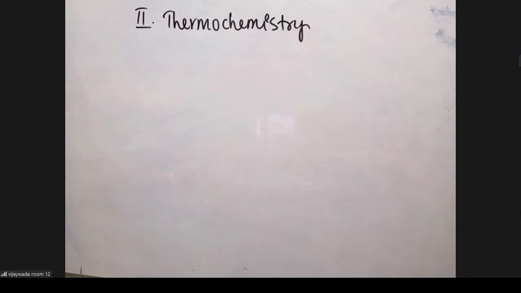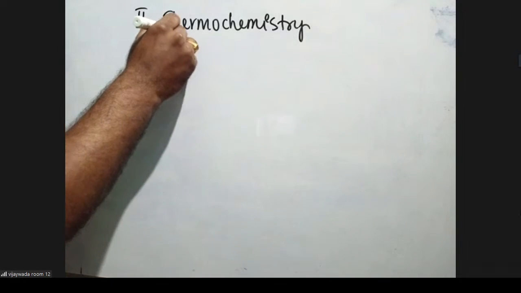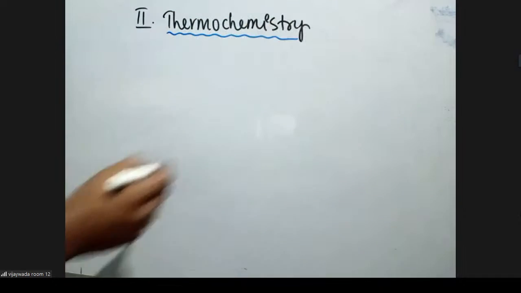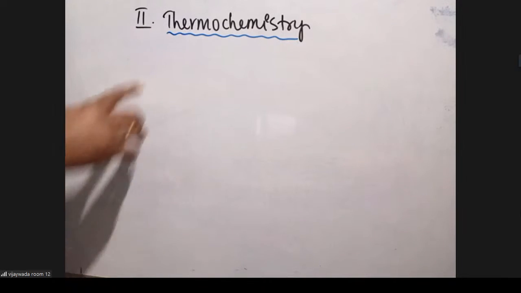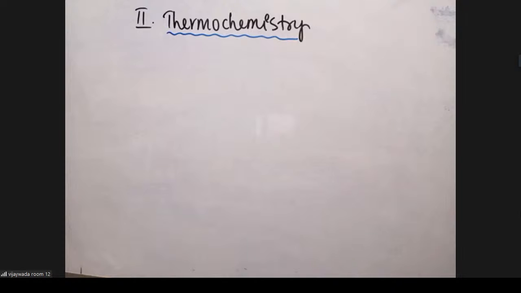Students, previously in the JEE Mains pattern, 30 questions were given, with one question from thermodynamics and one from thermochemistry, so a total of two questions every year. But now there are only 25 questions, with only one question, maybe from thermochemistry, maybe from thermodynamics. But in JEE Advanced, the weightage of this chapter is very high compared to the remaining physical chemistry chapters.